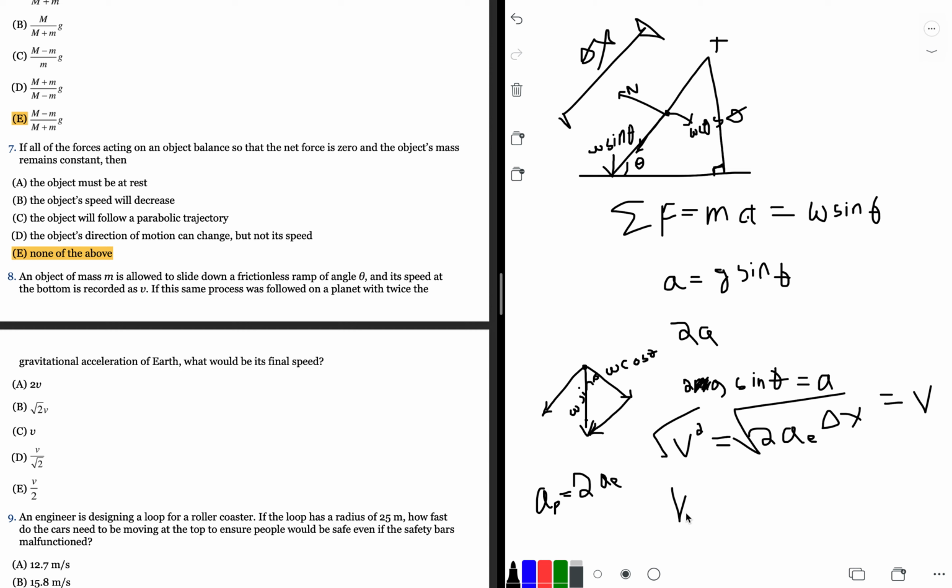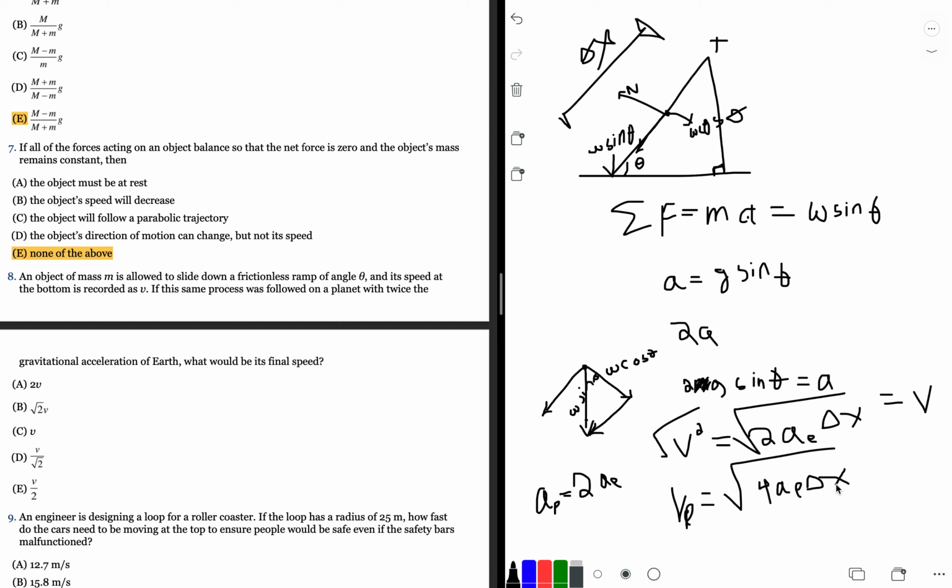Therefore, the final velocity on the new planet, v sub p, is equal to the square root of 2 times a sub p delta x.